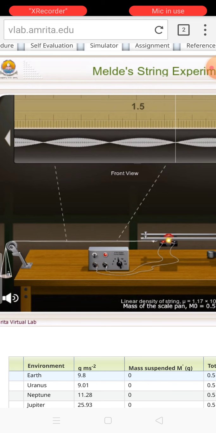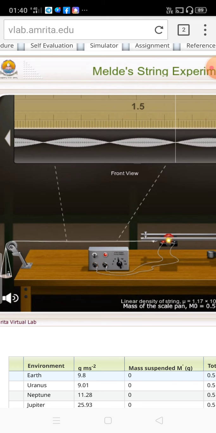So the value is between 1.4 and 1.64. So L1 is 1.4, L2 is 1.64, the difference is 0.26 meter.